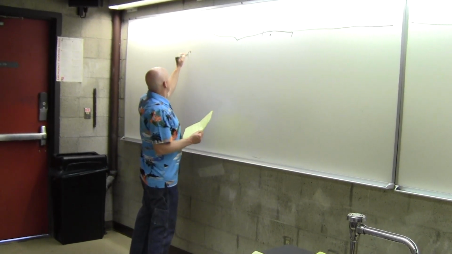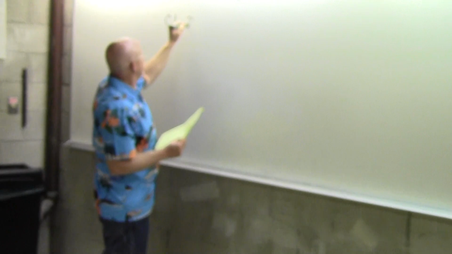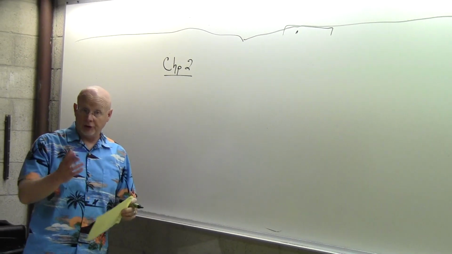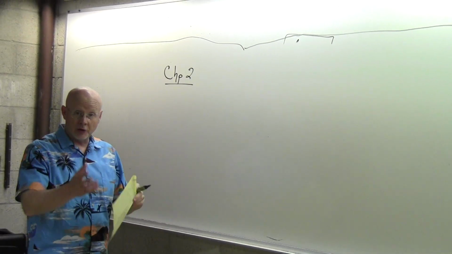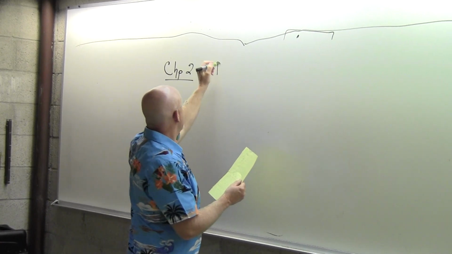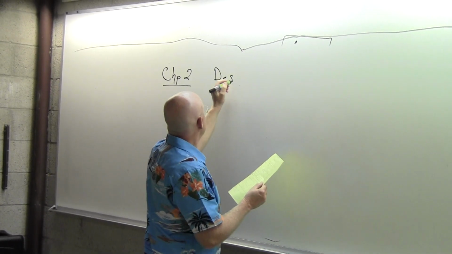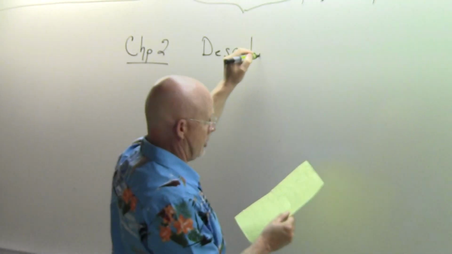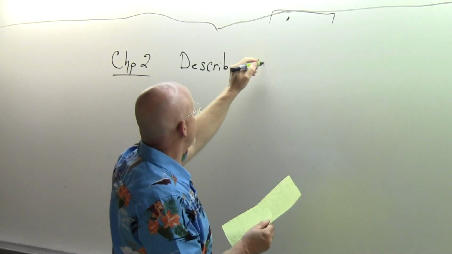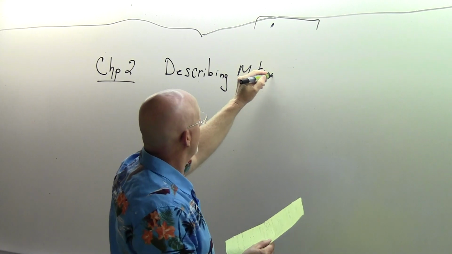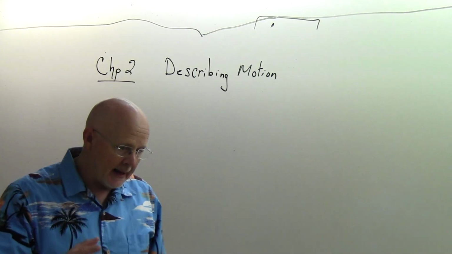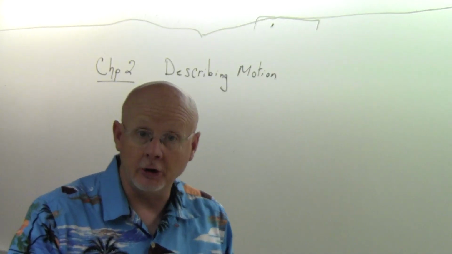I'll grab my notes here and move to the far side of the board here. And I would describe chapter 2, if I could use the word describe again, as describing motion. In other words, we're not going to try to explain why an object, when we drop it, falls.